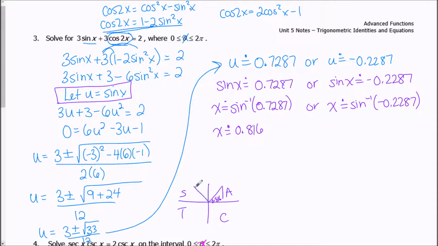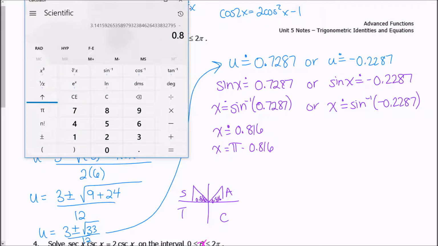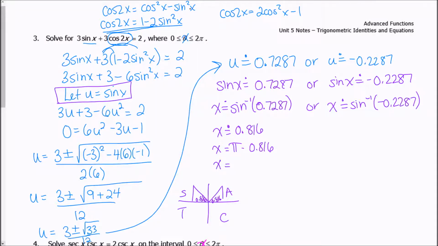In the second quadrant, our related acute angle is 0.816, so our other value of x has to be pi minus 0.816. If I take pi and subtract 0.816, I end up getting 2.33 approximately. So x is approximately equal to 2.33.